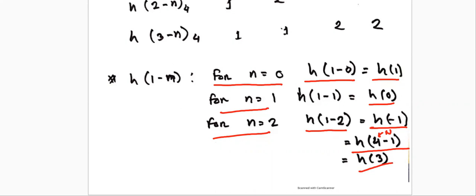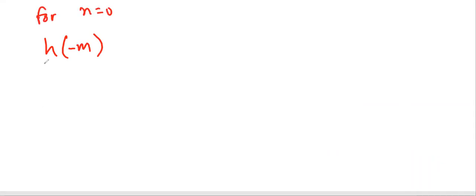What I have mentioned here, whenever we are talking about h minus n, this is for n equals to 0. This is the folded version of that.